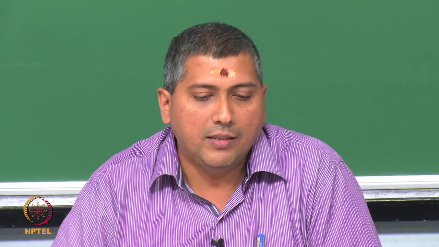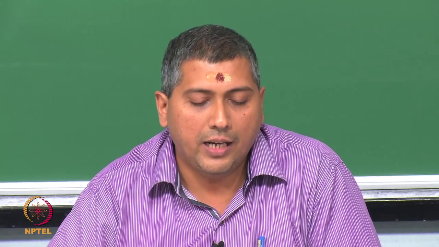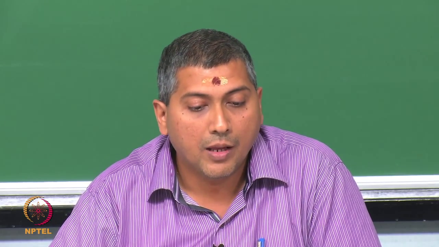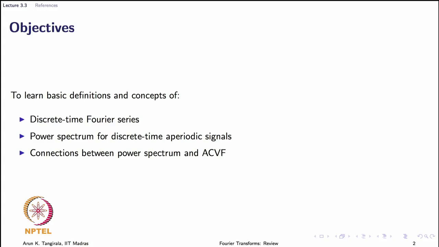So, the energy spectral density that we had in lecture 3.2 vanishes, and now power spectrum comes back. And we will also study a connection between the power spectrum and the autocovariance function. It slowly leads us to the properties of the Fourier transforms that we will study in the next module.